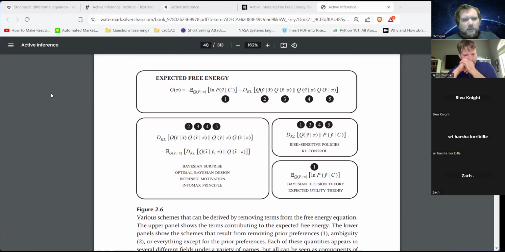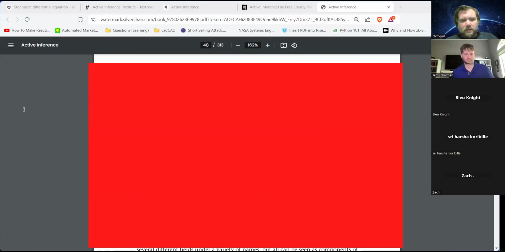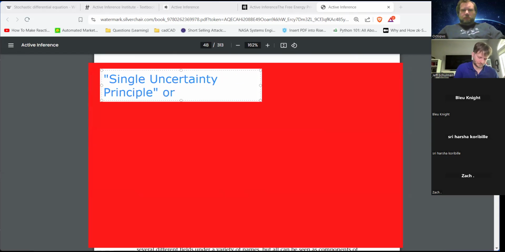So I do have a large principle for this I've developed, which is called the 2 confusion principle, or the stepladder principle. And it says, try to go one step at a time. Maybe we'll call it the single uncertainty principle, or stepladder principle.